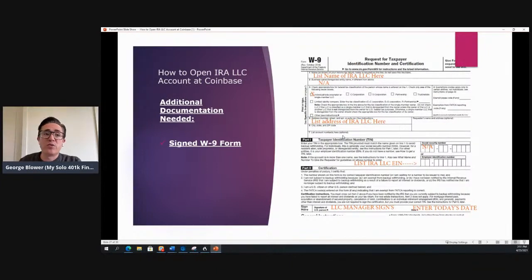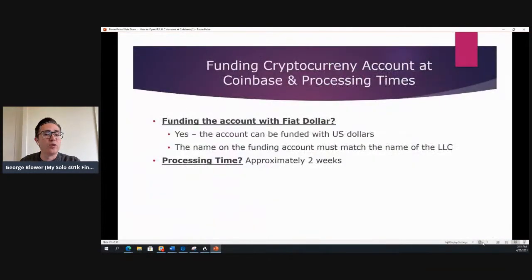You list the address of the LLC under 5 and 6. For the taxpayer identification number, you're going to enter the EIN for the LLC, your IRA LLC, in the second field in that section. You sign as the manager and date it. Of course, you want to keep a copy for your records.